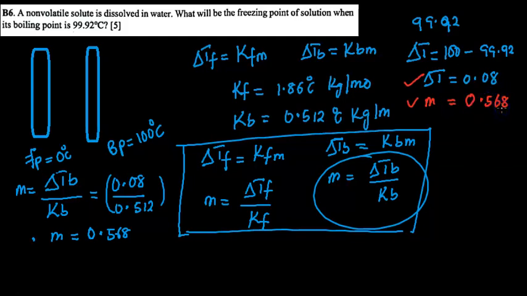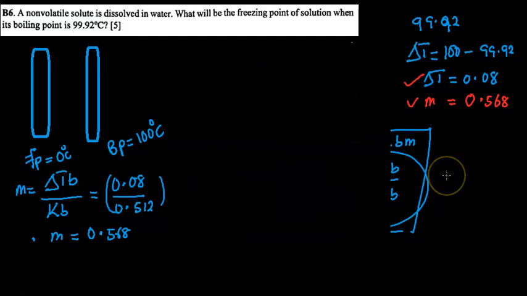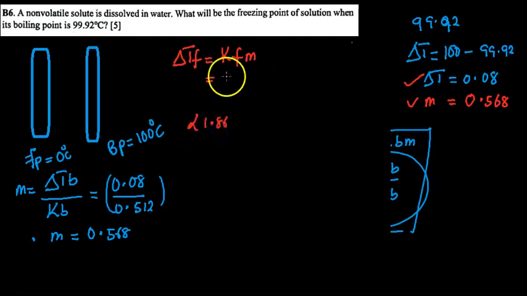What do we need to find next? Since our delta TF is going to be KFm, and Kf, the cryoscopic constant, is approximately 1.86, this is simply going to be 1.86 multiplied by our m, the molality, which is 0.568. If you multiply this, we come up with 0.29109.